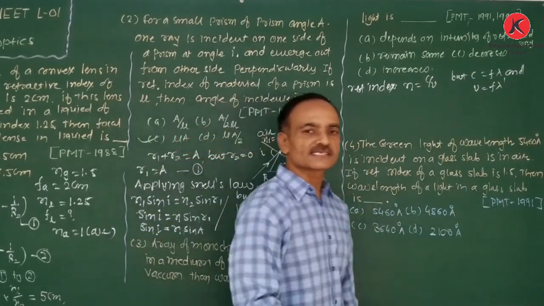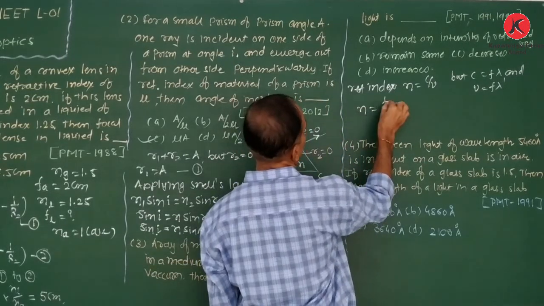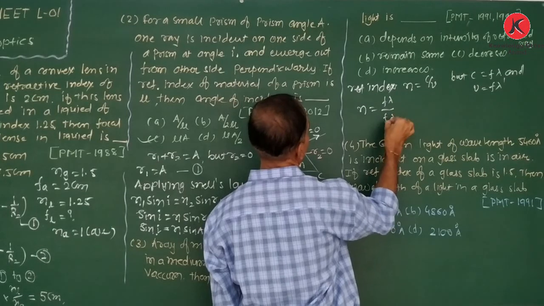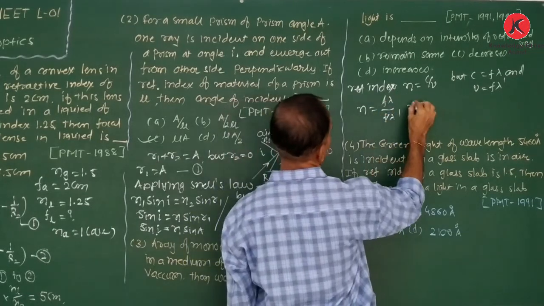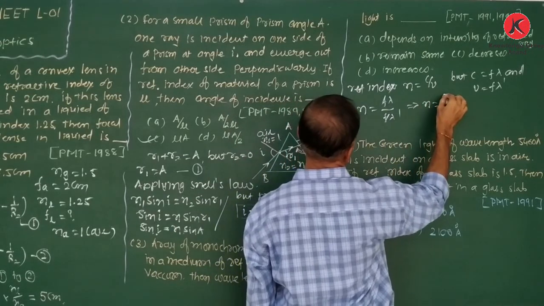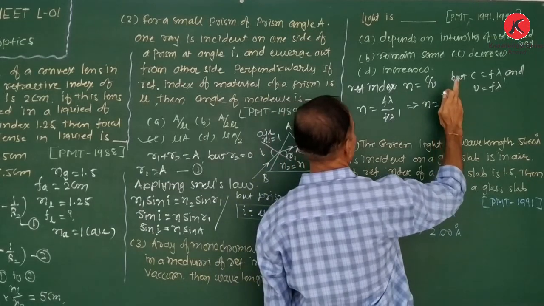The frequency of the light does not change if the medium is changed. Therefore, n is equal to f lambda upon f lambda dash. The f's cancel. Therefore, n is equal to lambda upon lambda dash.